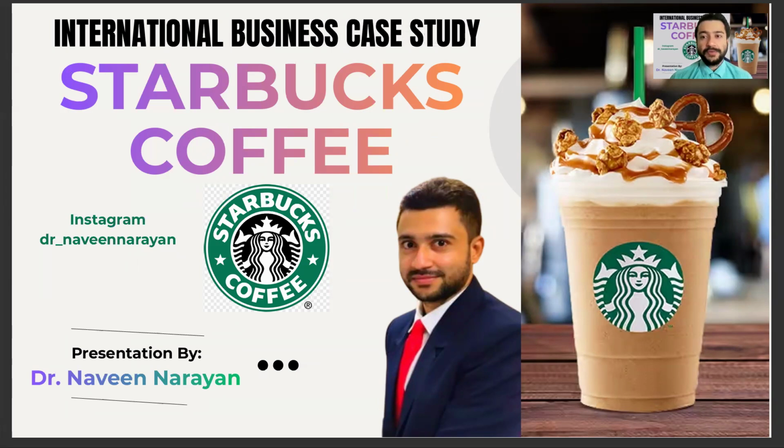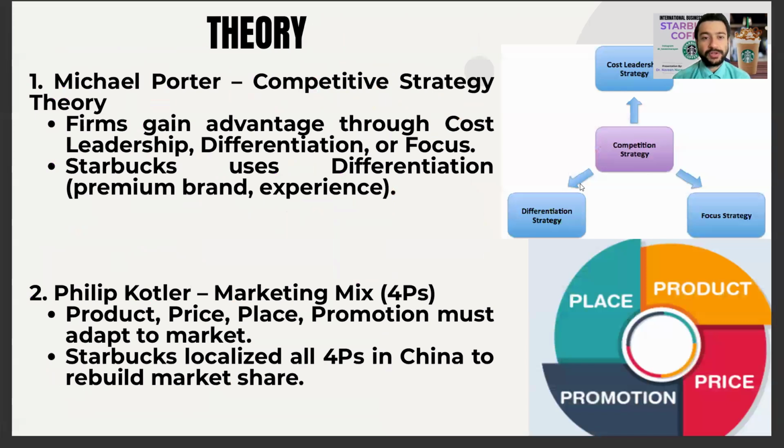Here, let me give you clear clarity on the theory that we are going to practice. The theory we are going to check is from two people. First, a popular theory which we already know: Michael Porter's competitive strategy theory.